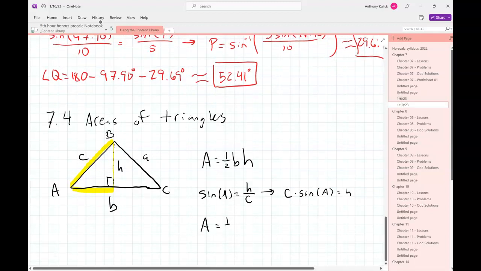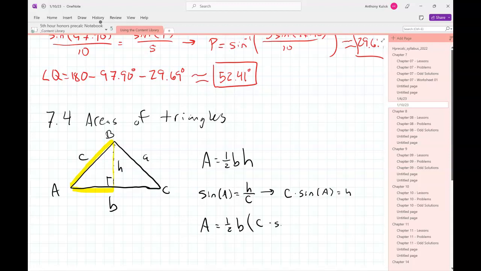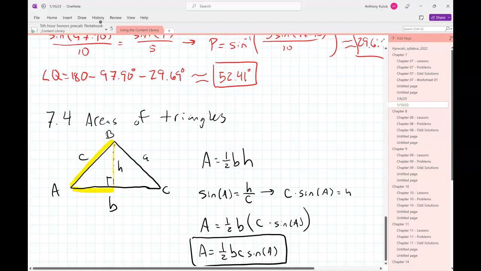And if I then take my original area formula for a triangle from geometry and substitute that new value for h in, I have an area formula that does not involve h at all, just side lengths and angle measures from my triangle, which is rather lovely, right?